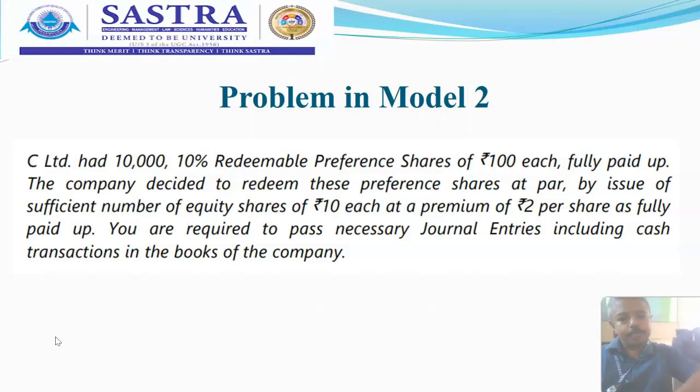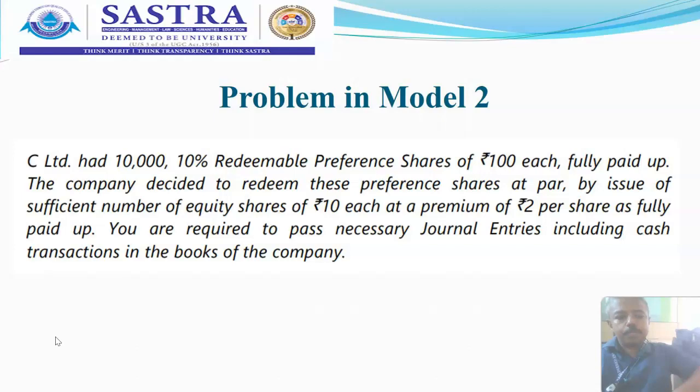Take the summary of this question, that is most important. It's not only reading the question. With the issue at a premium, we are required to pass necessary journal entries, including cash transactions, in the books of the company. The term including cash transaction is a default. Even if it is not stated, we need to include it. Cash transactions have to be entered, so then only you can redeem the preference shares.